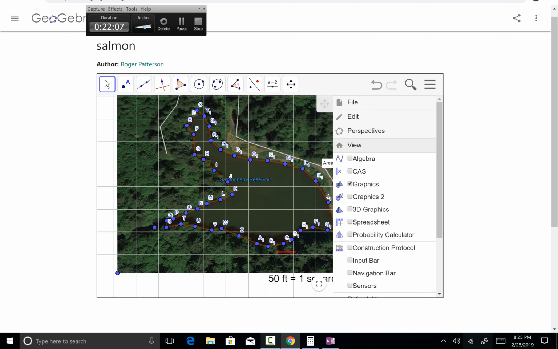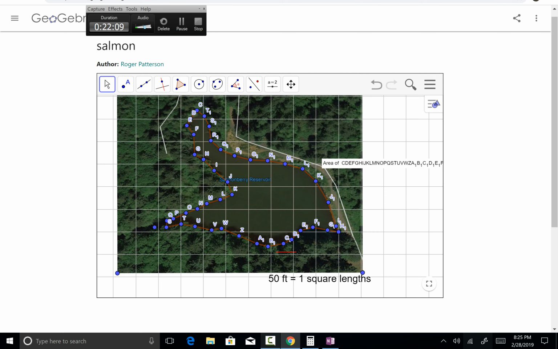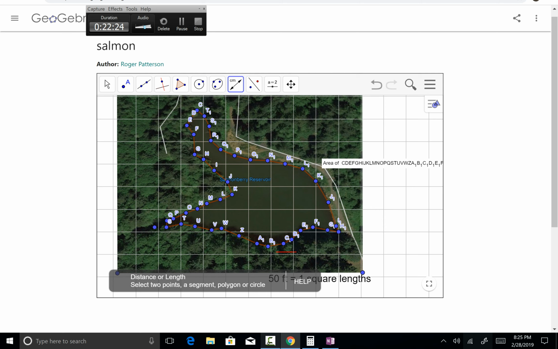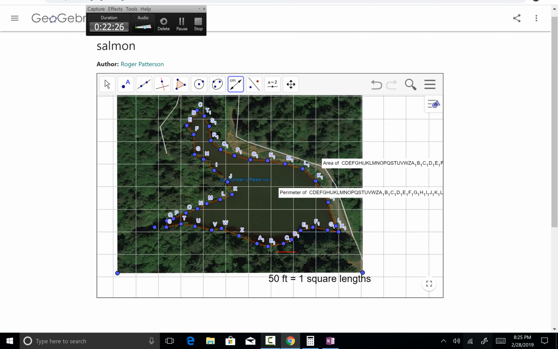That's in GeoGebra units, so we'd actually have to figure out what this is in feet, and then we could come up with the area. We could also measure the perimeter of this, so let's do that. The perimeter is whatever this thing is.